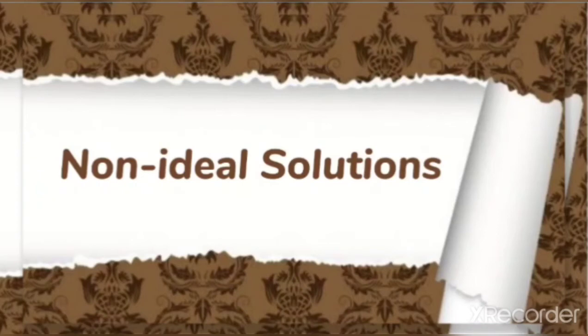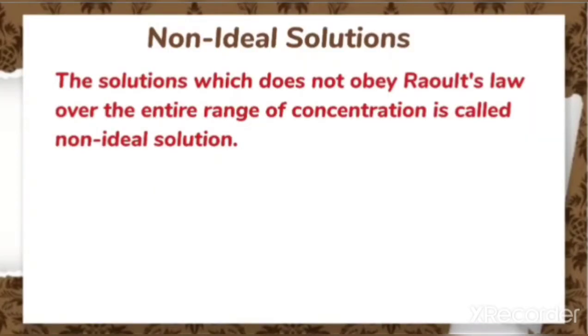Next are the non-ideal solutions. The solutions which do not obey Raoult's law over the entire range of concentration are called non-ideal solutions. Which is obeying, that is ideal; which is not obeying, that is non-ideal. Which law? Raoult's law, over the entire range of concentration.